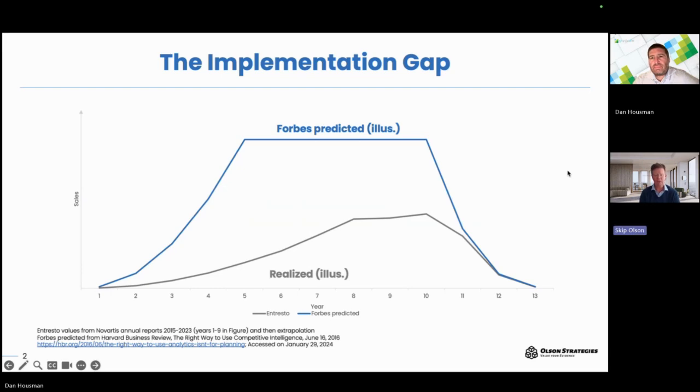And a lot of this is currently being neglected. It doesn't fall under anyone's responsibility. And therefore, we come up with this huge gap between what a product actually realizes, what it actually sells, and what it could sell. So this is this nice sort of implementation gap.